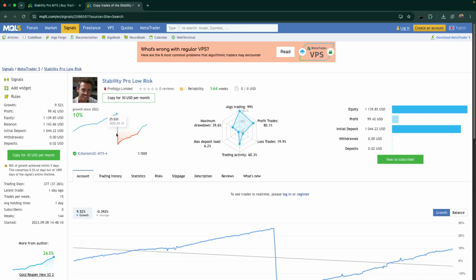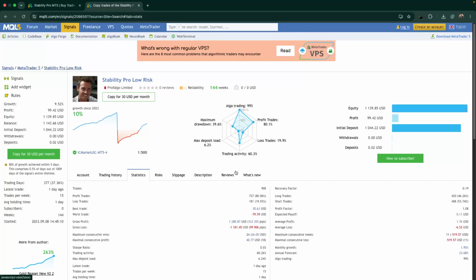But at the end of the day, we're still grinding up even after that very big dip. It's impressive how it manages to take the account from red losses back to break even and even into profits. Now, these are some of the statistics on this live signal. It has had 908 trades so far, and all of these are impressive.